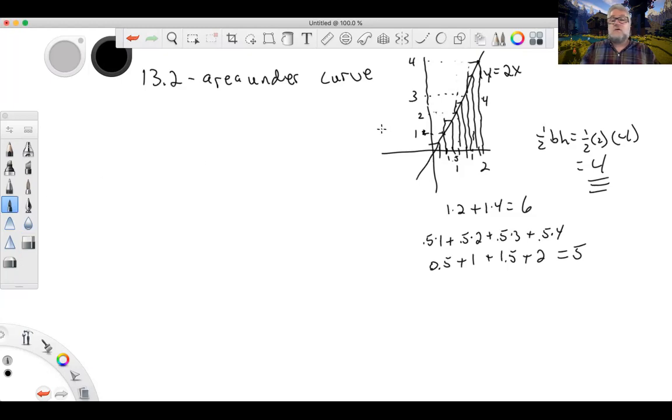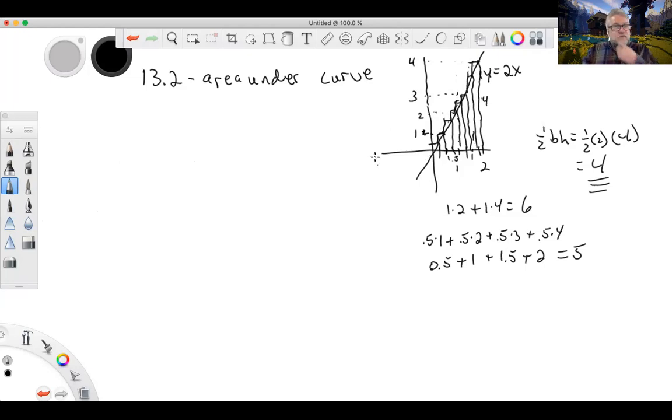So now you can see that we don't have a whole bunch of stuff sticking out over, right? All of these little areas here are error, right? We're above the curve, but there's not as much of it because we made more rectangles.